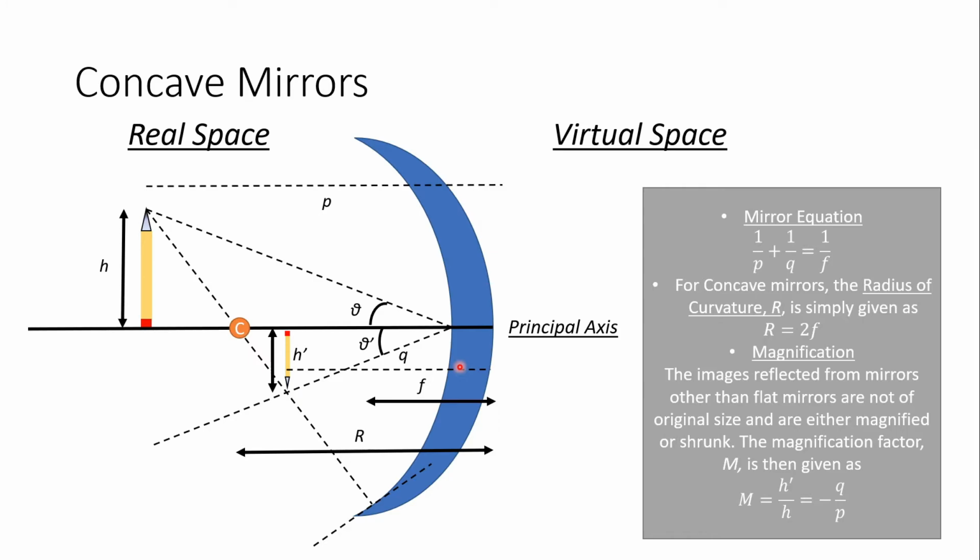Right, and then again, H is your object height, and H dash is your image height for the magnification scale right here.